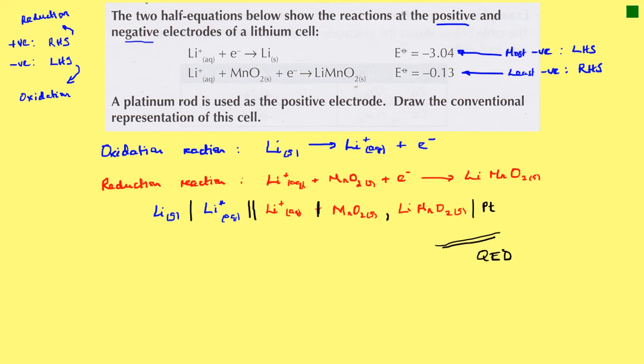Which is our oxidation reaction. So we know that the lithium ion to lithium solid reaction is going to go on the left hand side, and that's the oxidation reaction. So let's write that down as an oxidation reaction. So lithium solid is going to go to a lithium ion, giving up its electron.